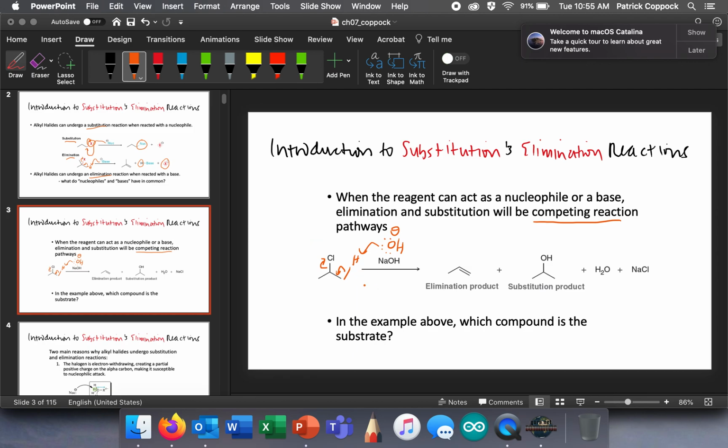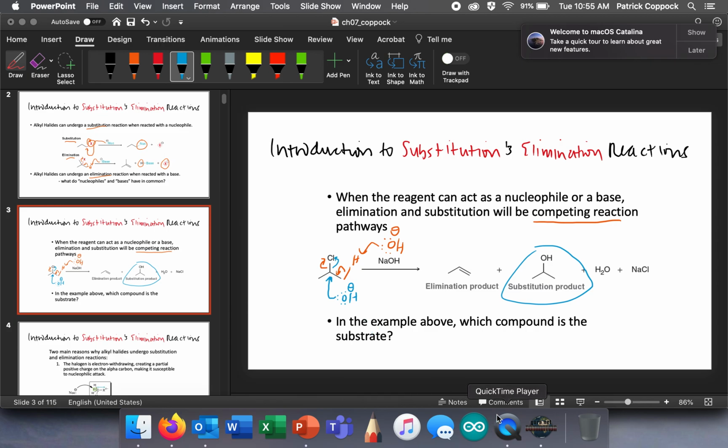We could either have that, or let's go with a different color, we could have the other. The orange gives us the elimination product, and the blue gives us the substitution product.